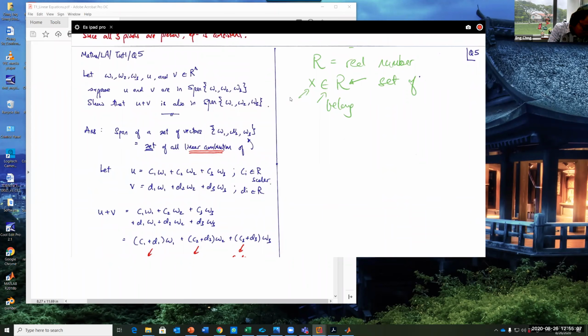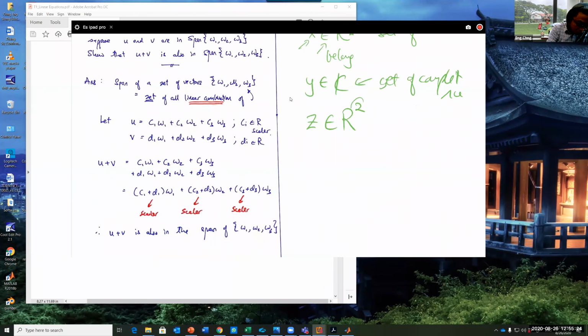So I can say Y belongs to C. C is the complex numbers. What about Z belongs to R2? Here, the 2 you can think of as R times R, the Cartesian product.